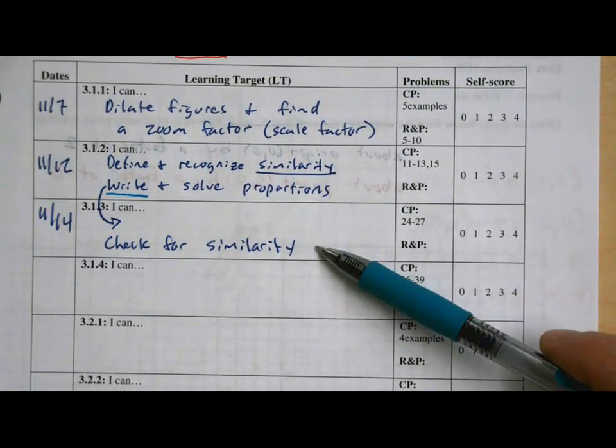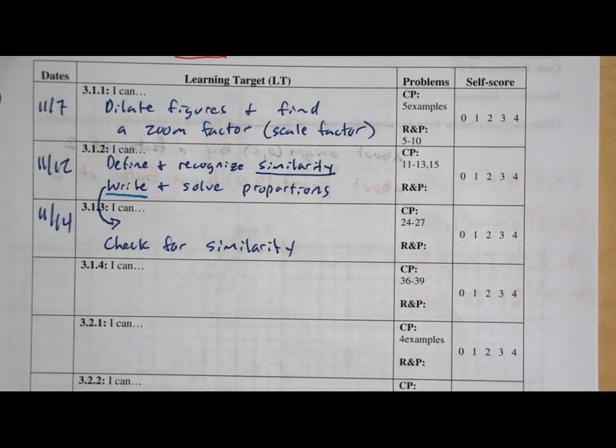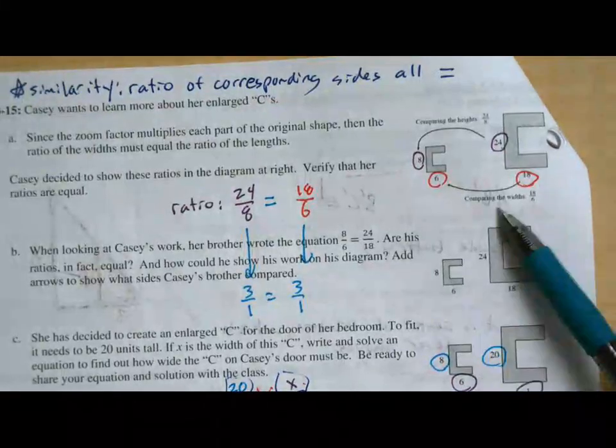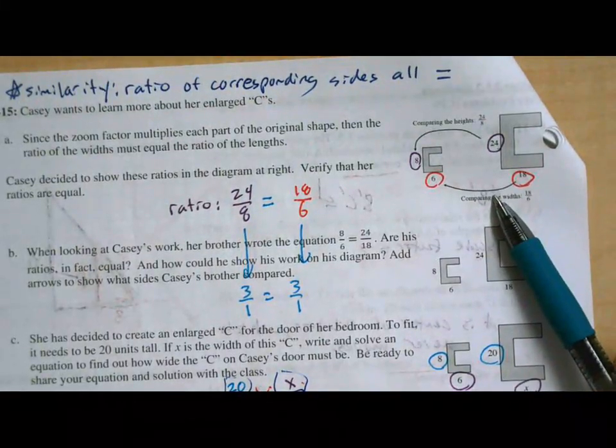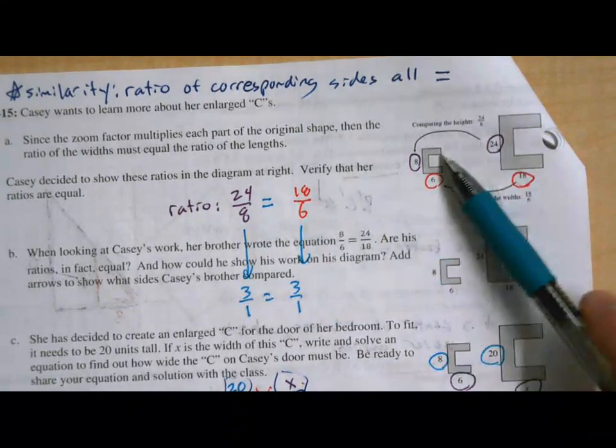The other key thing about similarity is similar shapes have matching ratios, and we're going to be looking at that again. So if you guys will flip back, I want to remind you about this problem that we looked at here. We were looking at these two shapes that were similar.